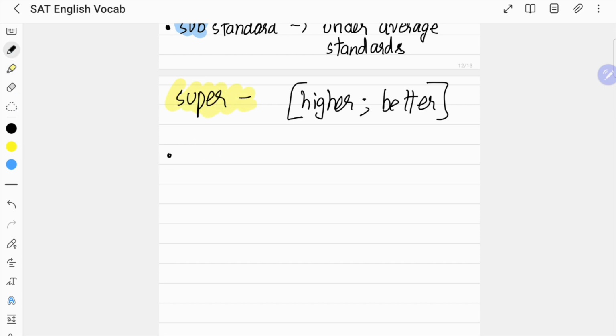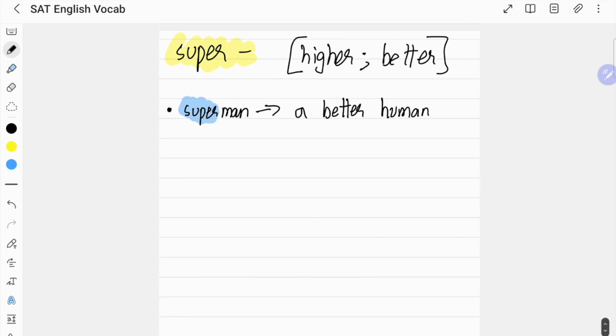A word we can use is Superman with the prefix or root word as super. A better human with his x-ray vision or super strength. Again, using the word super for super strength means higher strength or better strength.